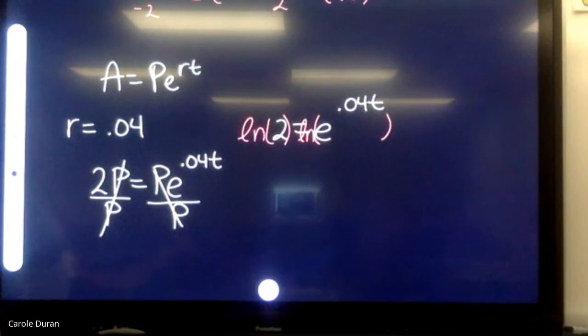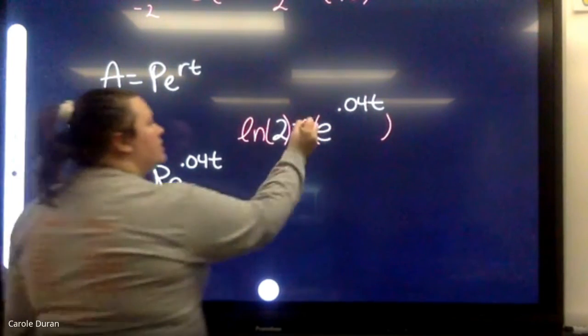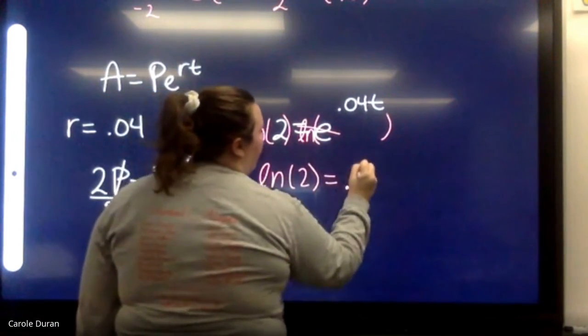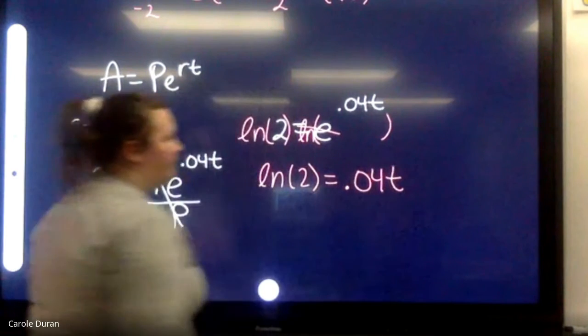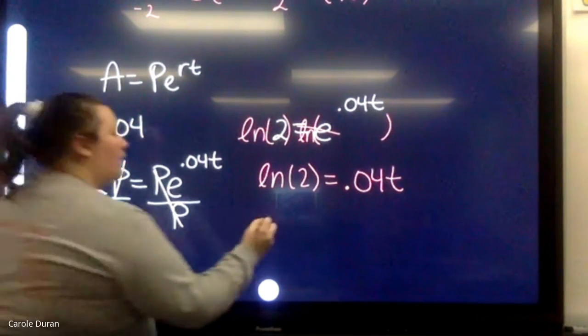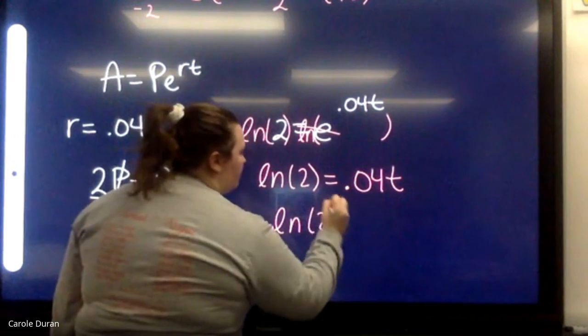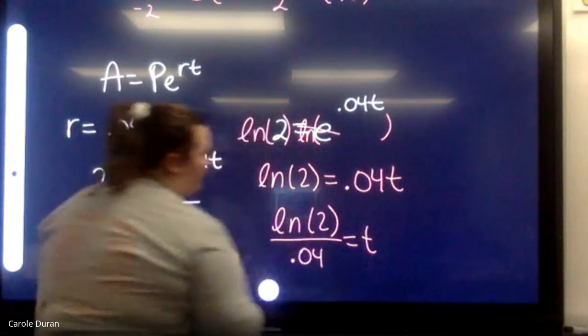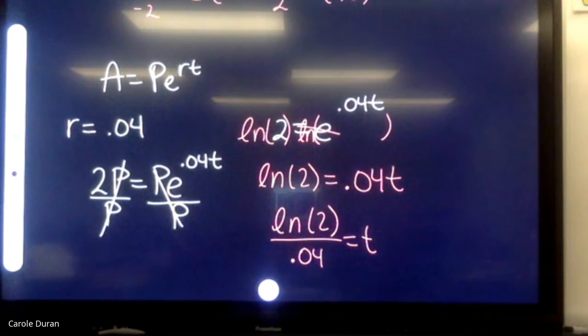The natural log and the e on the right cancel each other out, which leaves me with the natural log of 2 equals my exponent 0.04 t. And then what will I do? Divide by 0.04. So I'm going to have natural log of 2 divided by 0.04 equals whatever my time is. And then I could just plug that into a calculator because you have a natural log button on your calculator. And then that would give me my answer.